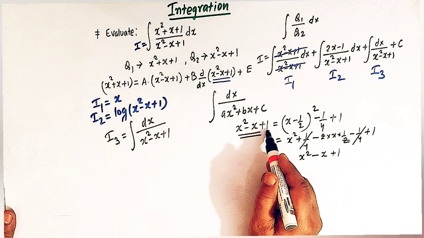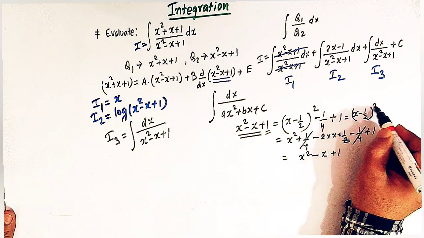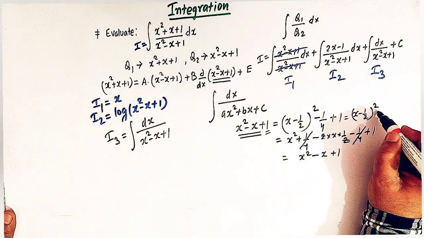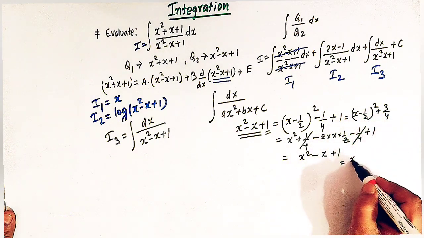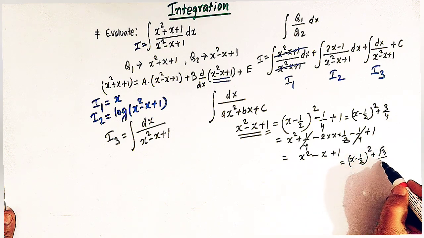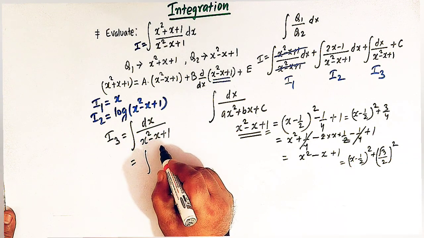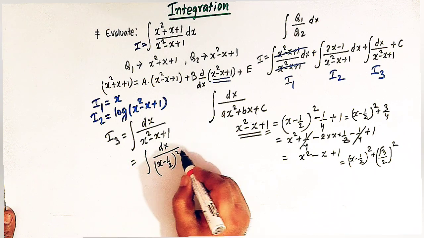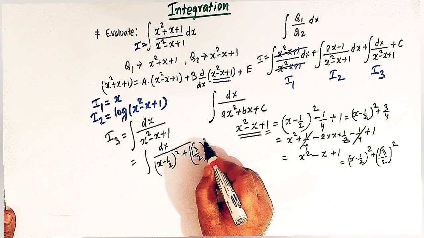So x square minus x plus 1 can be written as x minus half square, and here we have minus 1 by 4 plus 1, that is equal to 3 by 4, right? So this can also be written as x minus half square, and here we have root 3 over 2 square, right? So now we have integral dx over x minus half square, and then we have square root of 3 over 2 square.